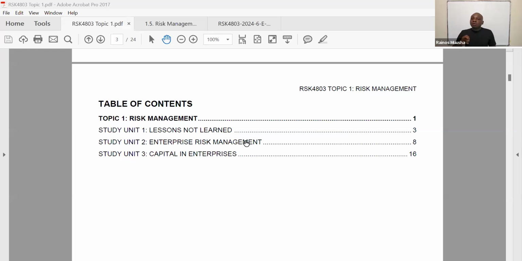Because in all these endeavors that the organization is going to be doing, especially all these functions within the organization, there is always an element of risk. And because there's always an element of risk, it means that we need to make sure that the risk management function is also integrated in all those activities.